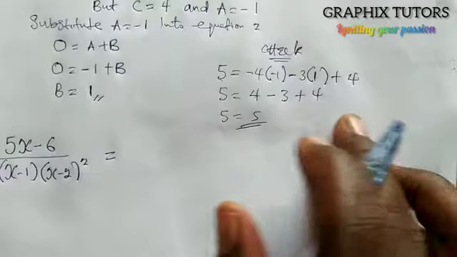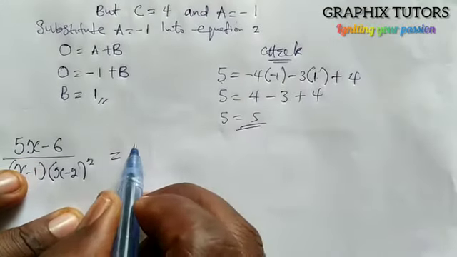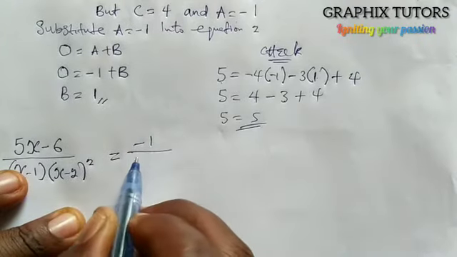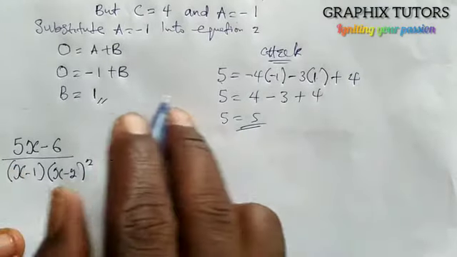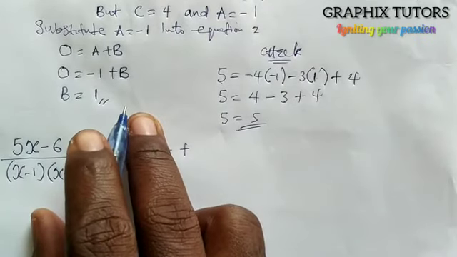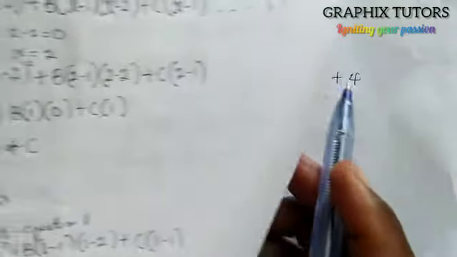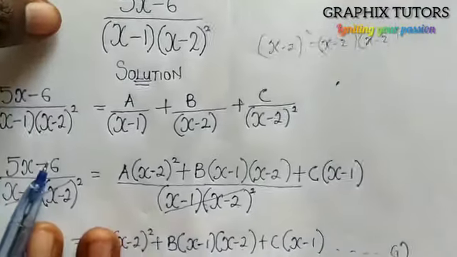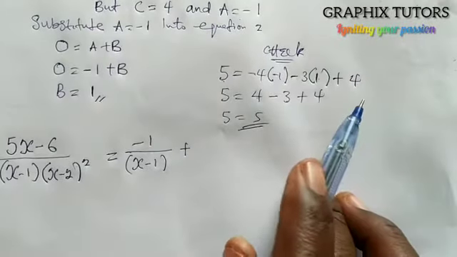So what is a? a is minus 1. So we have minus 1 all over x minus 1, plus b. What is b? b is 1, so it will now be 1 over x minus 2.